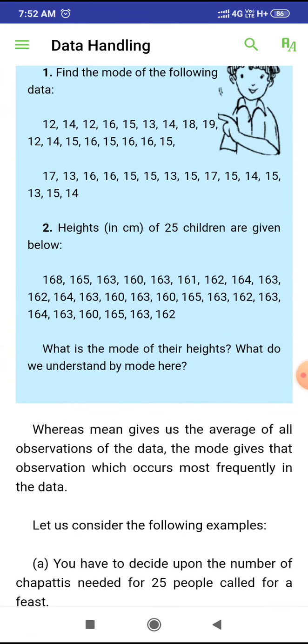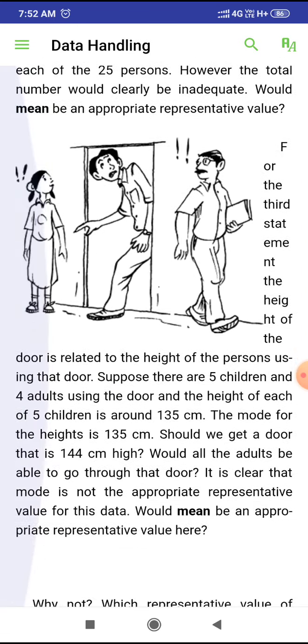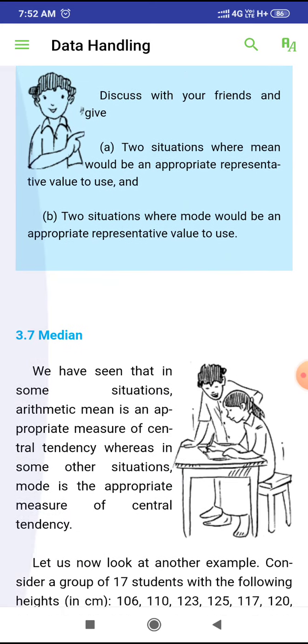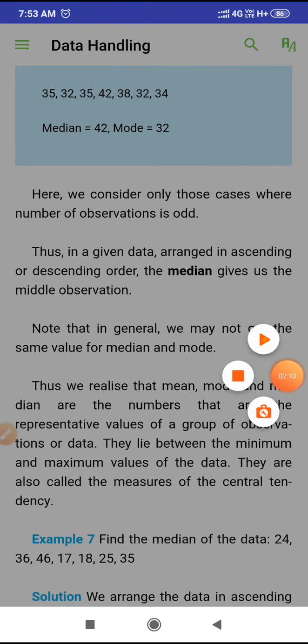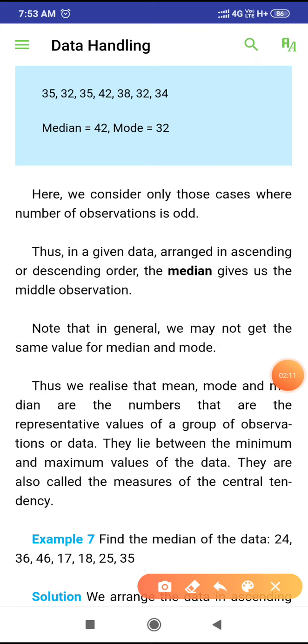Now let us move to our next topic, which is median. You can see clearly here that the median gives us the middle observation. When we arrange our data in ascending or descending order, the median gives us the middle observation.